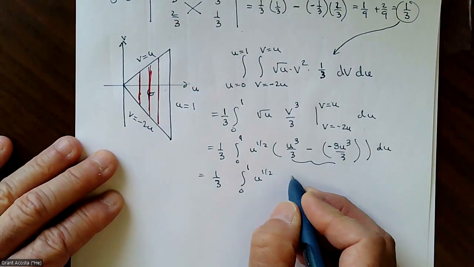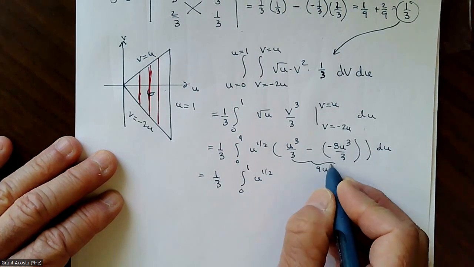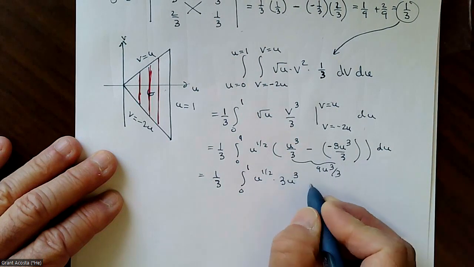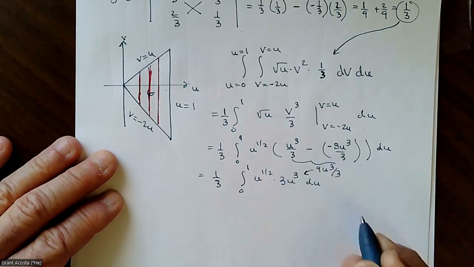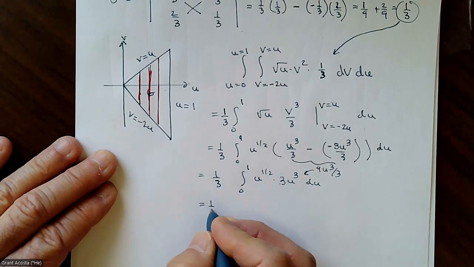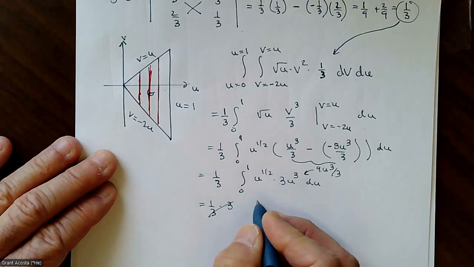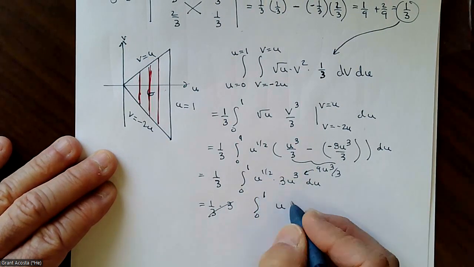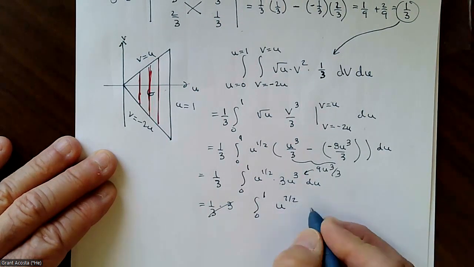This becomes 9u cubed over 3, which is really just 3u cubed. If I pull the 3 out and multiply it with the 1/3, that's now going to just turn into 1. If I add the exponents, u to the 3rd times u to the 1/2 is u to the 7/2.